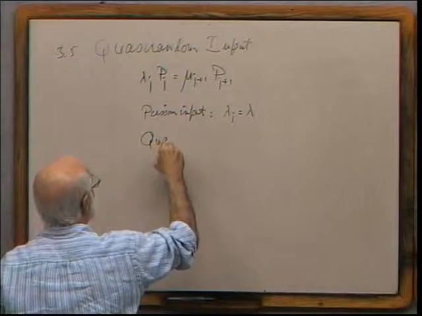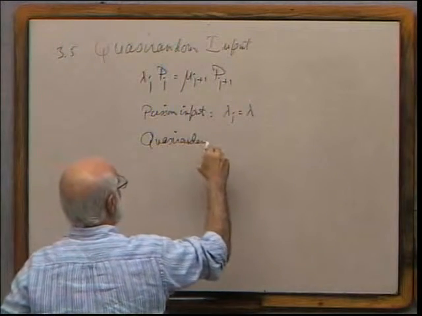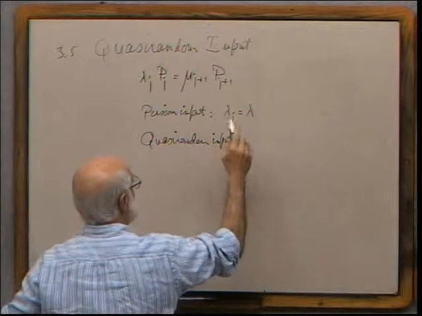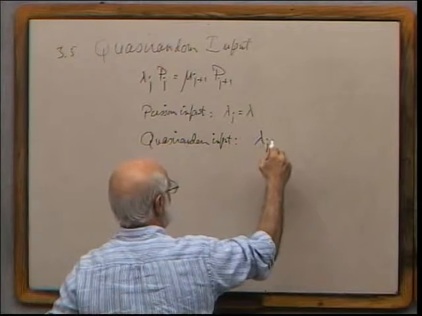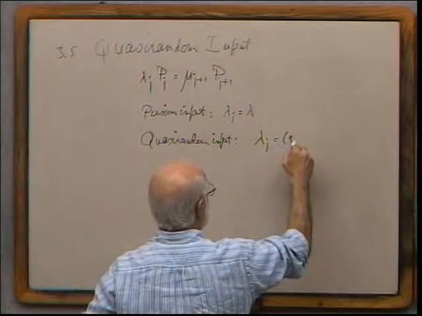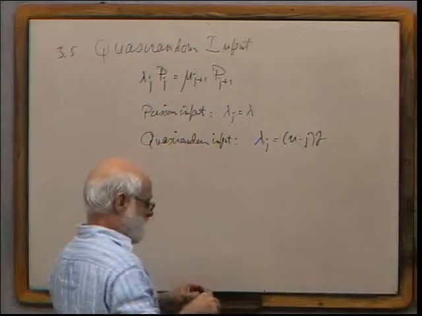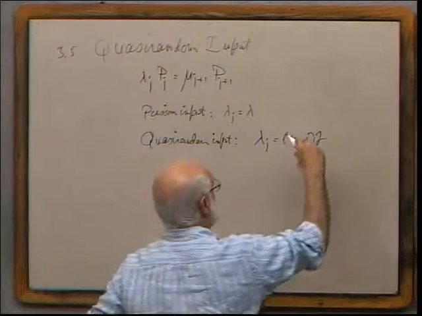And I want to give the physical meaning of this. So here's quasi-random input. And here the assumption is that the birth coefficient when you're in state j is equal to n minus j times gamma. N is the population size, so I'll say number of sources.